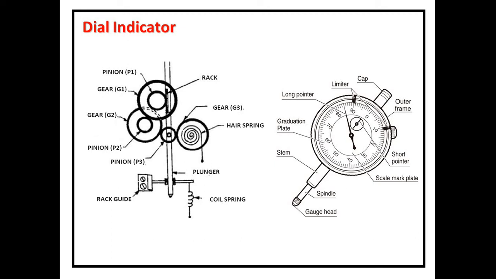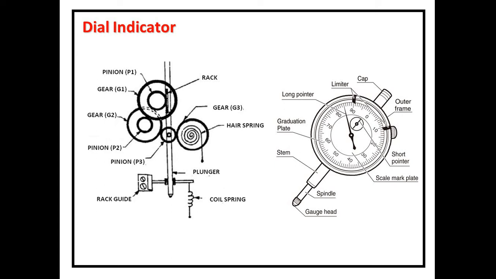You can see the sizes of the gears are not the same. That's why the velocity ratio is not constant. The velocity at this end and the velocity at this end are different. That's why the magnification takes place.